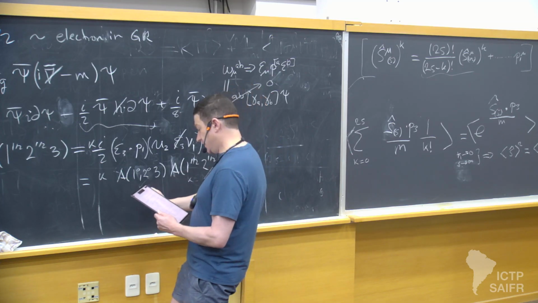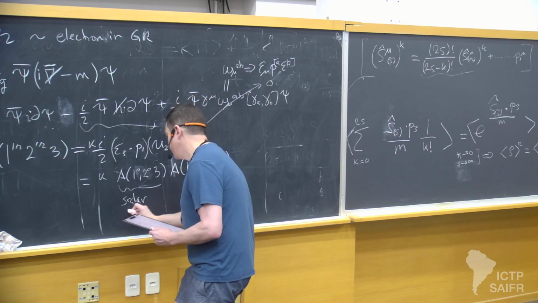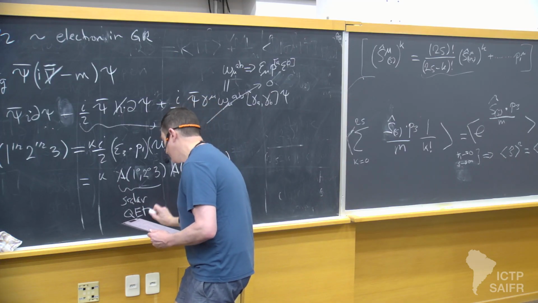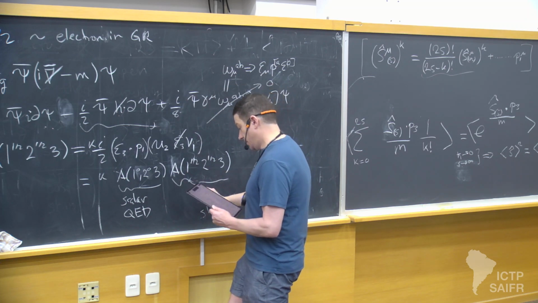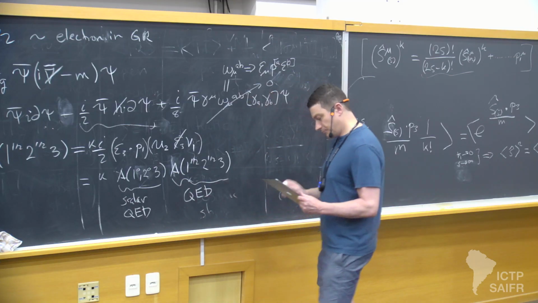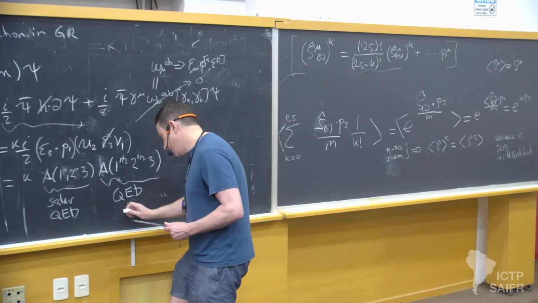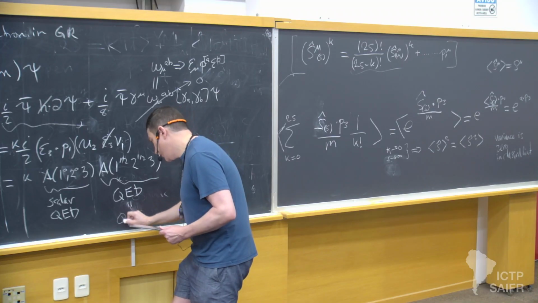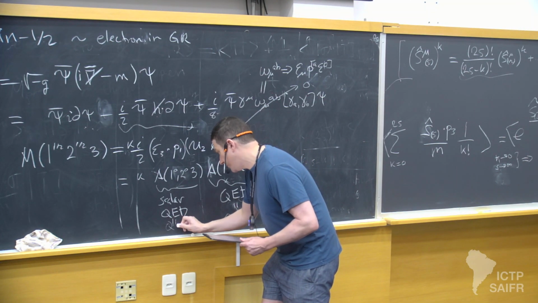So this is scalar QED, and this is actual QED. You can say this is actually the same amplitude as in QCD, because at this level, these amplitudes do not differ.